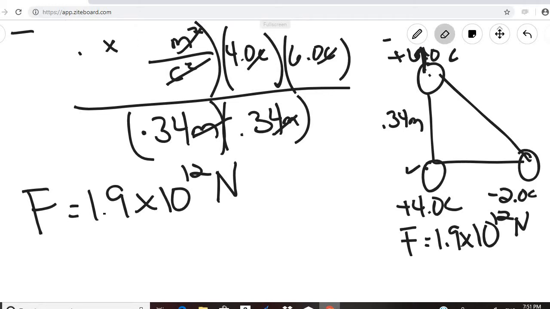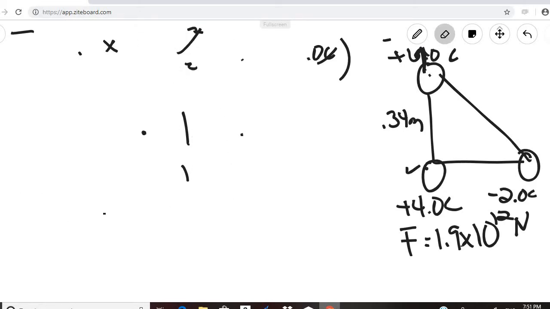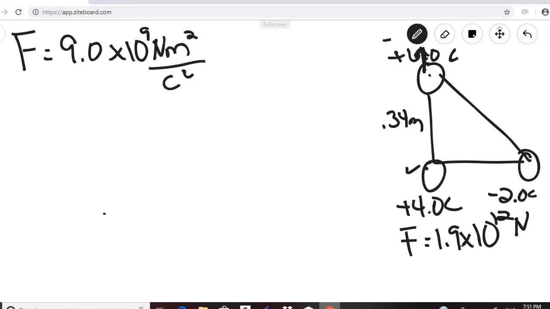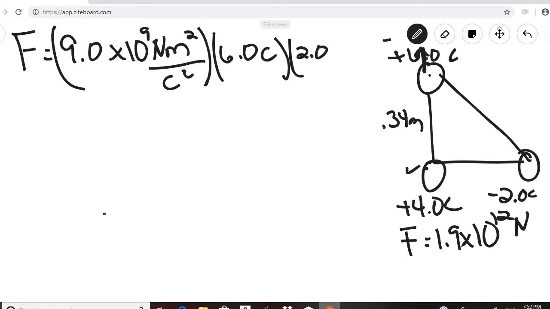Okay, now let's look at what force exists between the other two particles. So now F is equal to 9.0 times 10 to the 9th newton meters squared over coulomb squared times 6.0 coulombs and 2.0 coulombs.